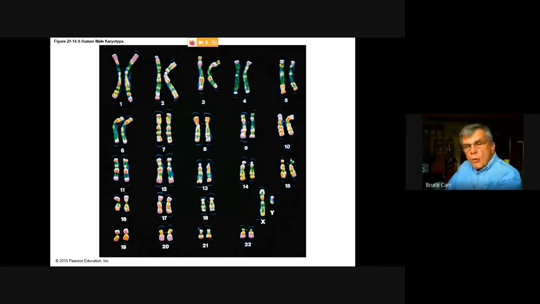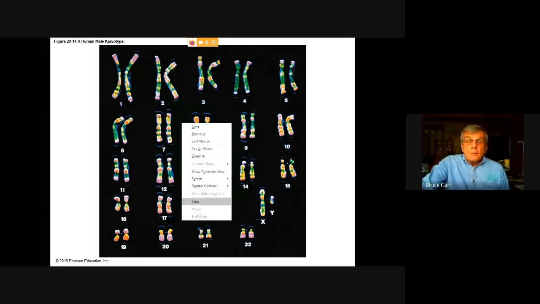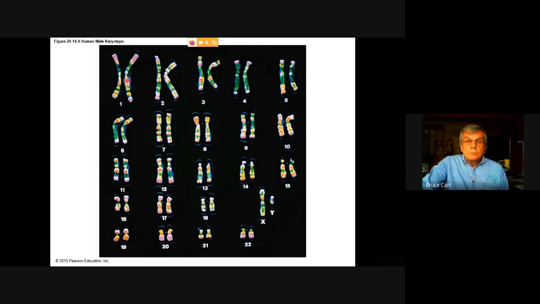You can see from the lower right-hand corner of this karyotype that this is an XY individual and therefore a male. As you survey the karyotype from top to bottom, we notice that every chromosome has its homologue.